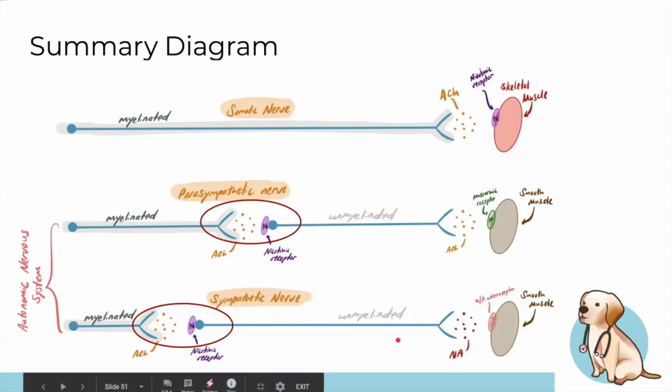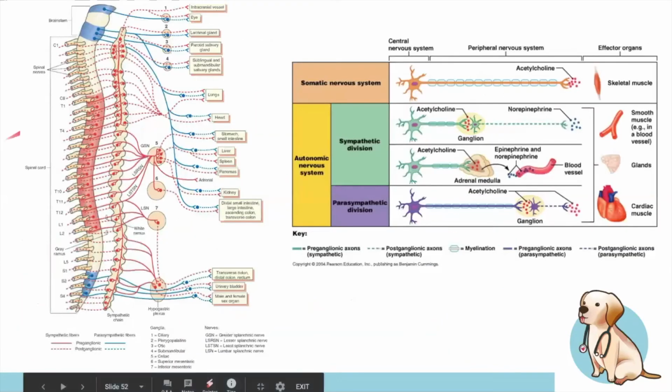So if they cut this, there's less of a chance that they're going to damage further structures over here. Yeah, that's just something of interest. Once again, another summary diagram that you can check out. This shows the length of the preganglionic and postganglionic fibers, so that illustrates that quite well.